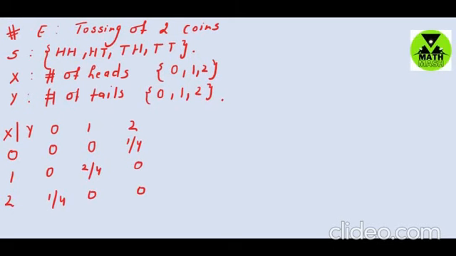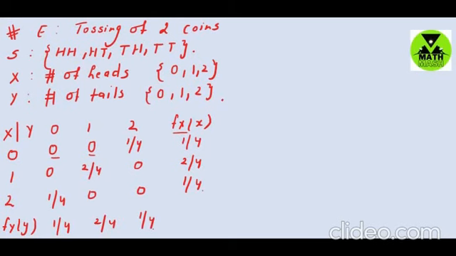So this is the joint probability mass function, and from this table we find fx of x, the marginal density of x, and the marginal density of y. Marginal density of x means summation over values of y. So at x equals 0, fx at 0 becomes 0 plus 0 plus 1 by 4. This is 1 by 4, this is 2 by 4, this is 1 by 4. And for y also 1 by 4, 2 by 4, and 1 by 4. So these are the marginal densities.